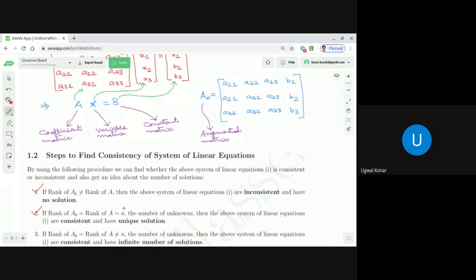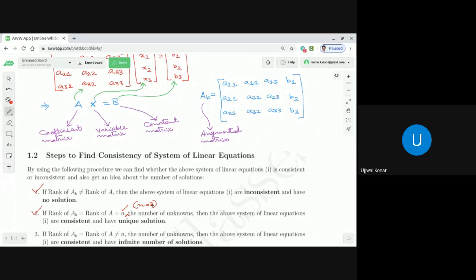In a generic way I mention it as n, but it is actually 3 in the context of our discussion. If rank of AB is equal to rank of A is equal to n, the number of unknowns, then the above system of linear equations is consistent and has a unique solution. So here I am writing that n is equal to 3.